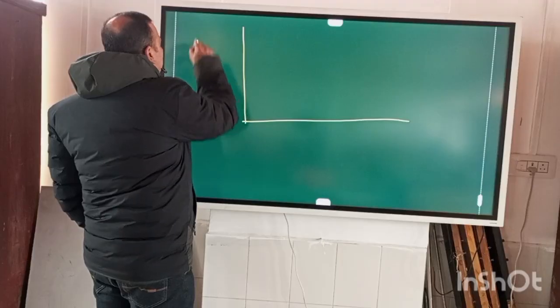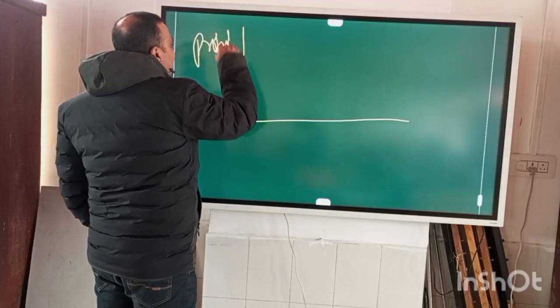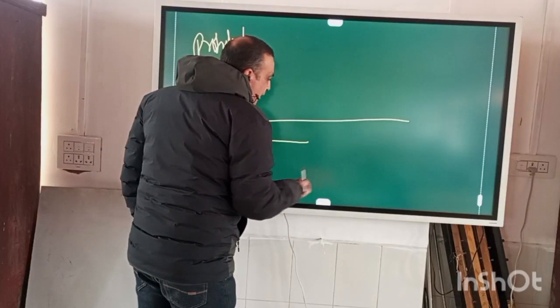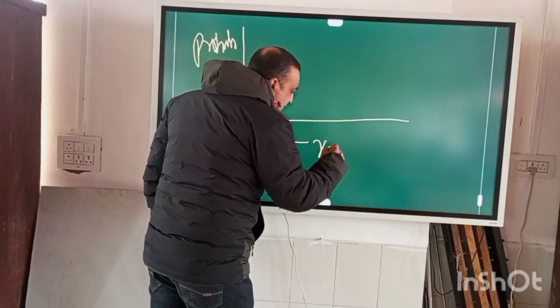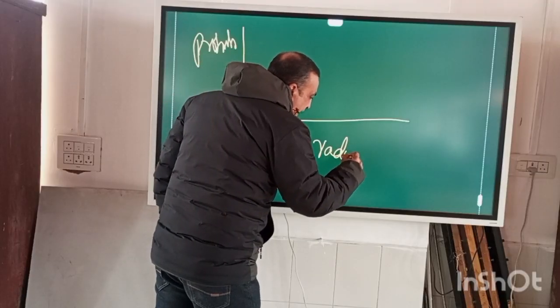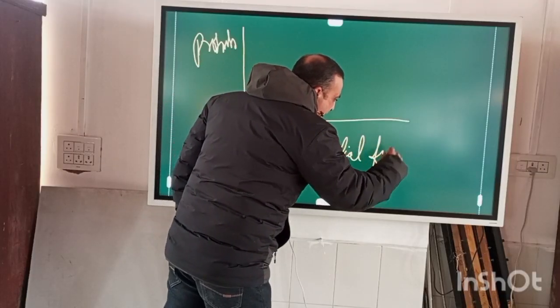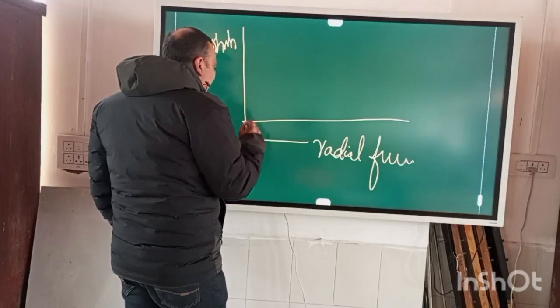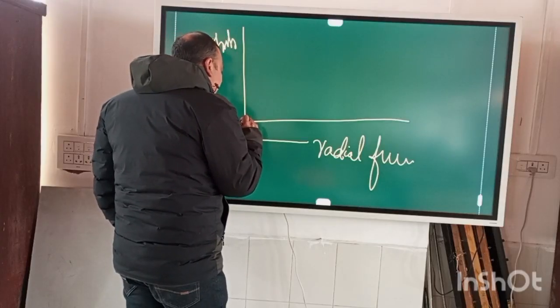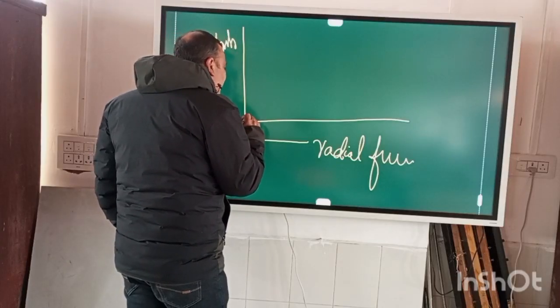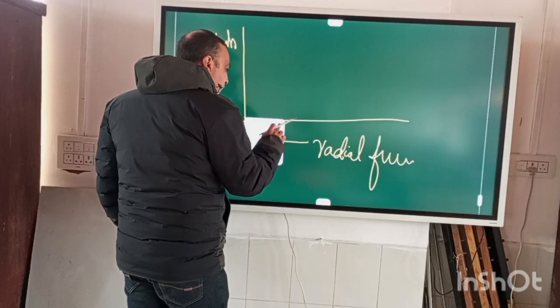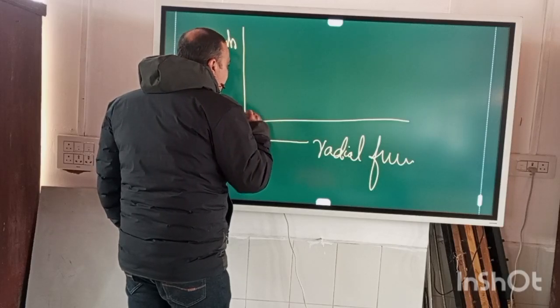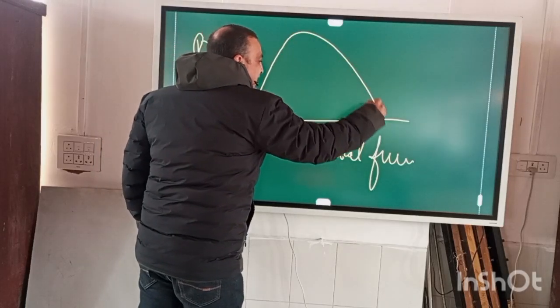And this is my probability. This is your radius, this is your radial function, I should say. What I observe is it does not start exactly from 0. When I plot it, I get something like this.